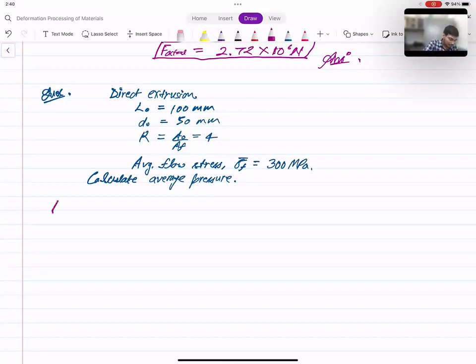Therefore, the average pressure will be nothing but the average flow stress into the true strain.